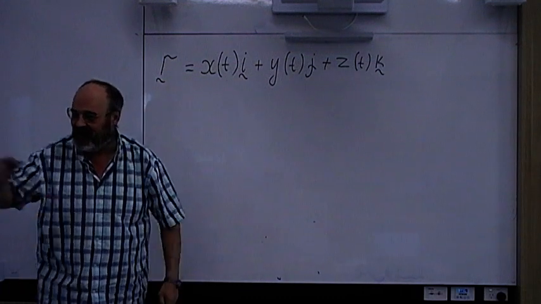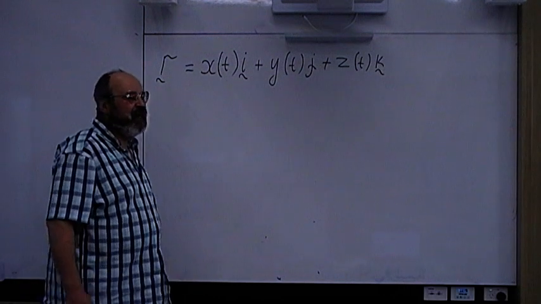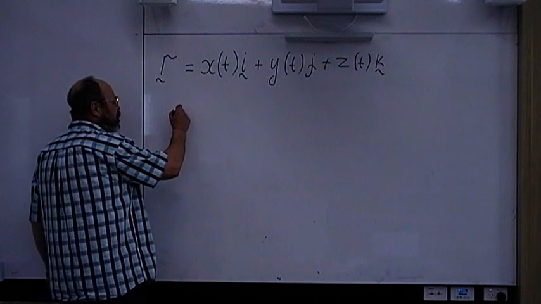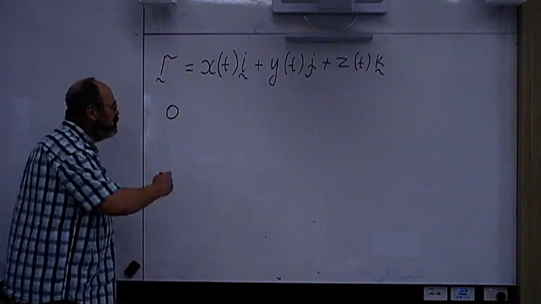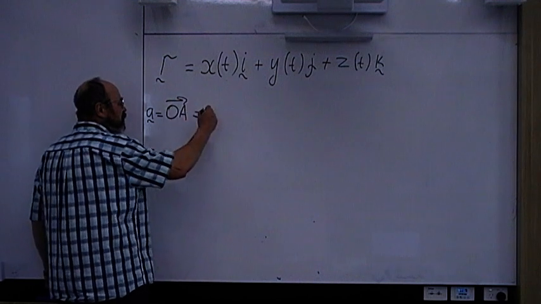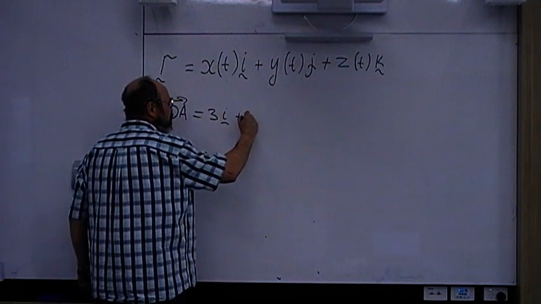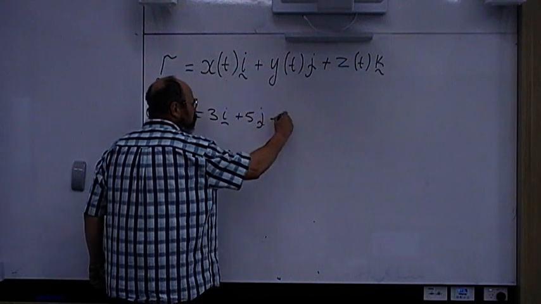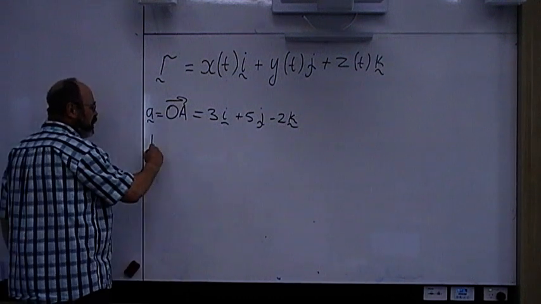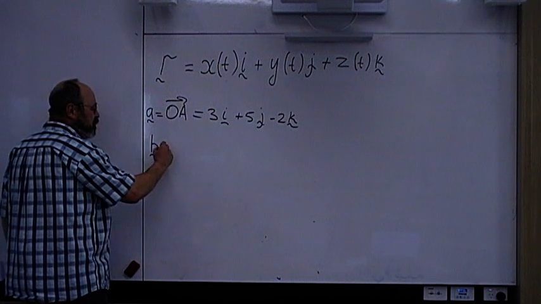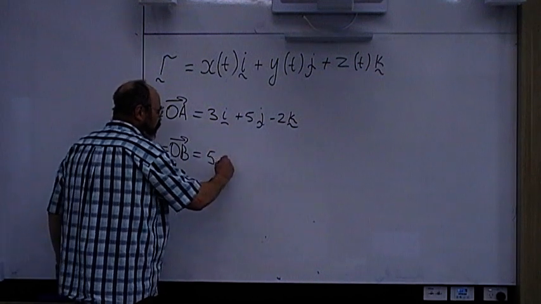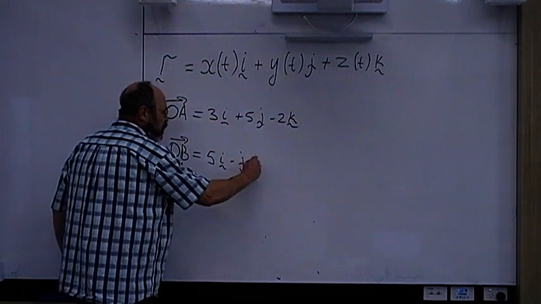So if the particle's initial position was, let's say, described, always from the origin, by vector A, which is equal to OA, equal to, let's say, 3i plus 5j minus 2k, and then the particle moves to point B, and the final position is described by the vector OB, which will be 5i minus j plus k.